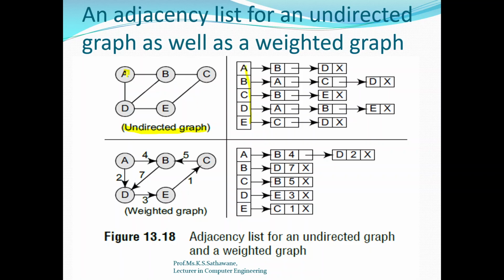Now A is connected to B and A is connected to D. There is no direction, so you can traverse from D to A as well as A to D. Similarly from A to B as well as B to A. So its adjacency list will contain both the values B and D. Now B has adjacent nodes C and D and also A. So the adjacency list will have A, C and D values and no further node, that means null.